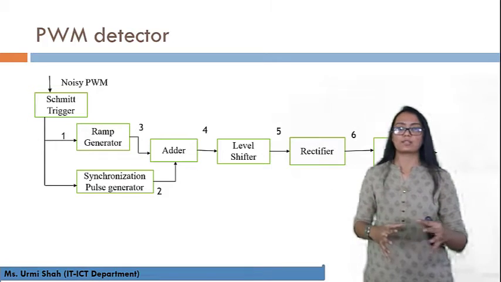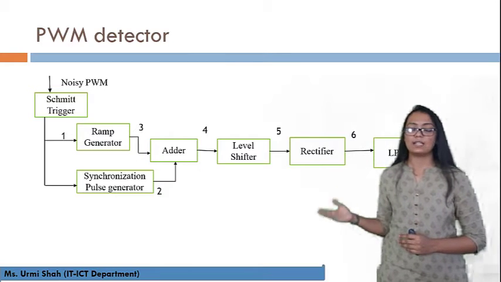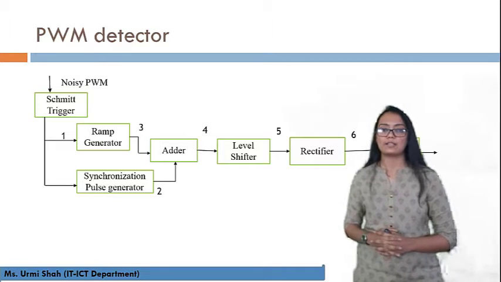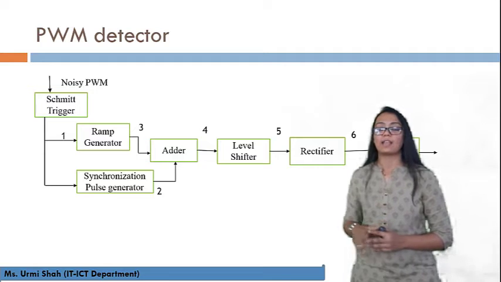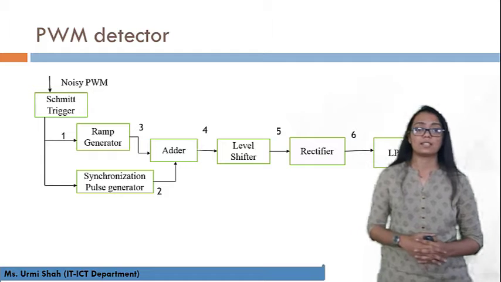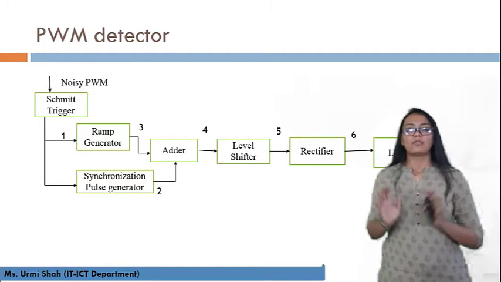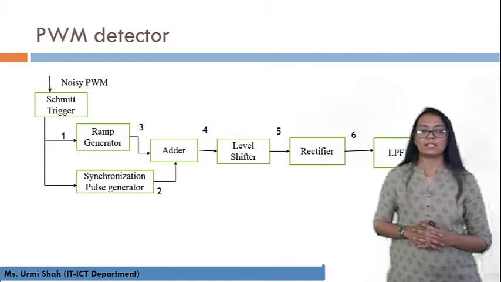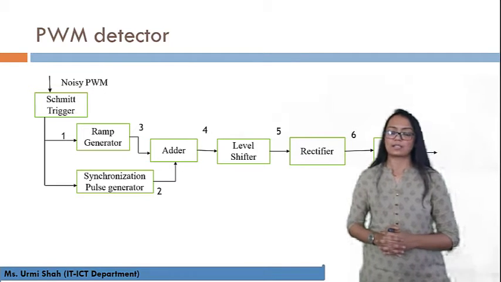It will further process into two sections, that is our ramp generator and synchronizer pulse generator. Synchronization pulse generator will synchronize the signal in such a way that whatever the noises or whatever the extra interference signals have been accommodated will be filtered out and it will be further processed to the adder circuitry such that it will be in proper synchronization with the pulses.